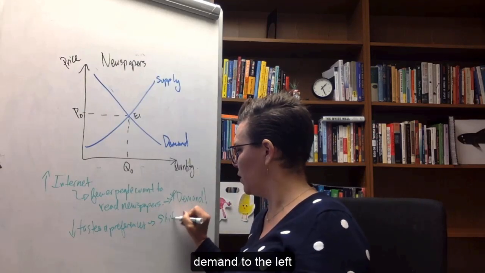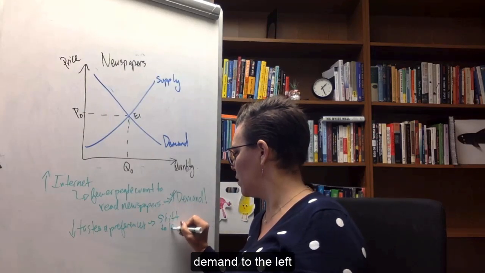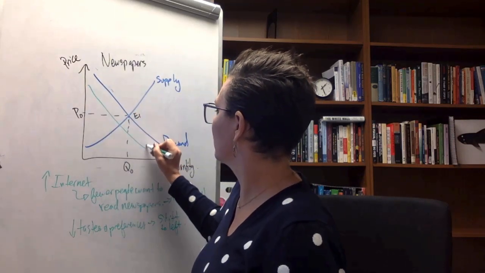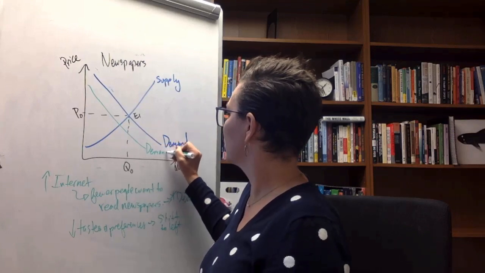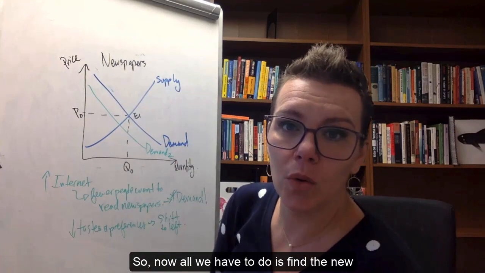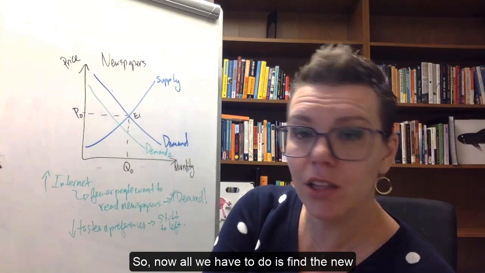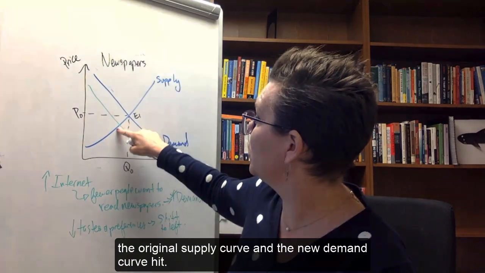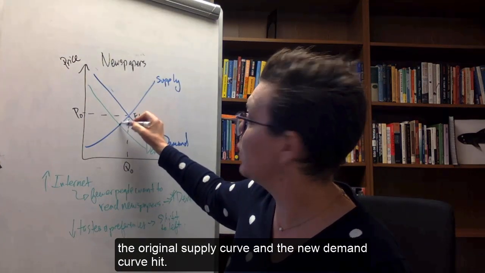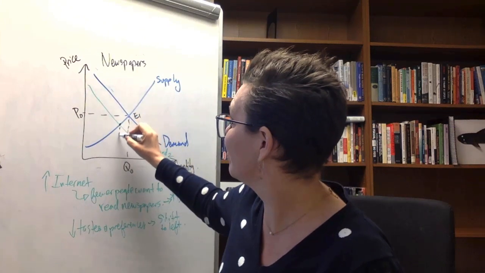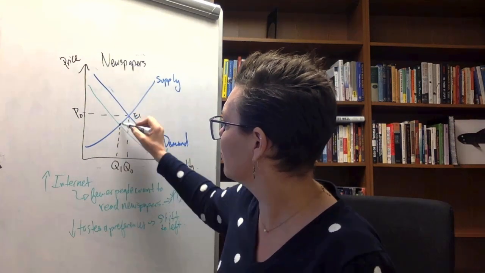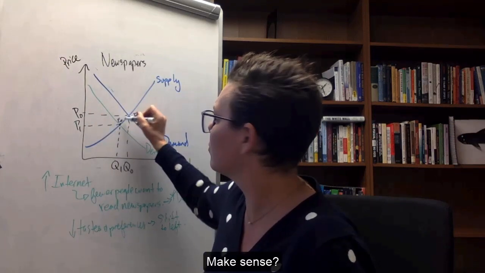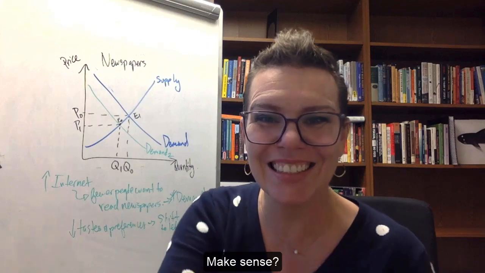So we're going to shift to the left. Now all we have to do is find the new equilibrium, where the original supply curve and the new demand curve hit. Make sense?